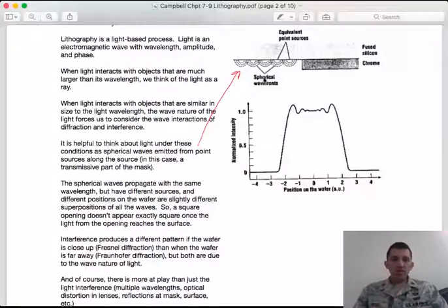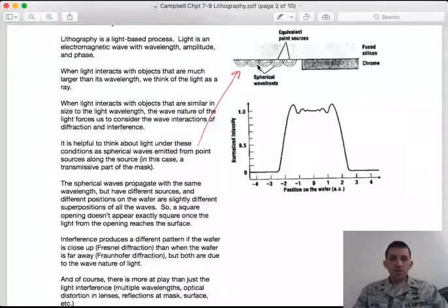This was first suggested by Huygens, I think in the 1600s or something. And so this is called the Huygens principle. And we have this collection of spherical wavefront emitters, right? And so our incoming light is being transferred into this form.